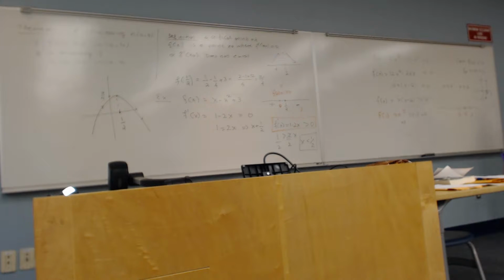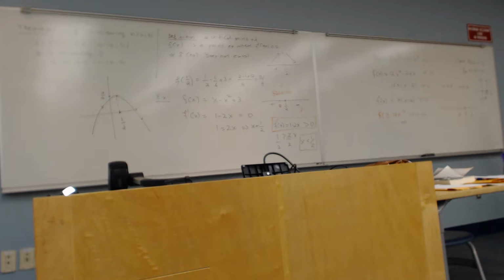Or if you prefer to think this way, I know that my function is negative at 1. If it was positive at some other point, then in order to go from negative to positive, I would have to cross the x-axis. So there would have to be another critical point. That's not possible.